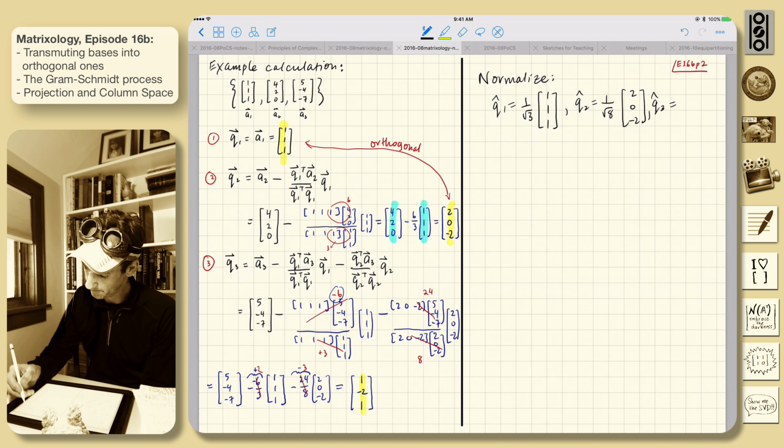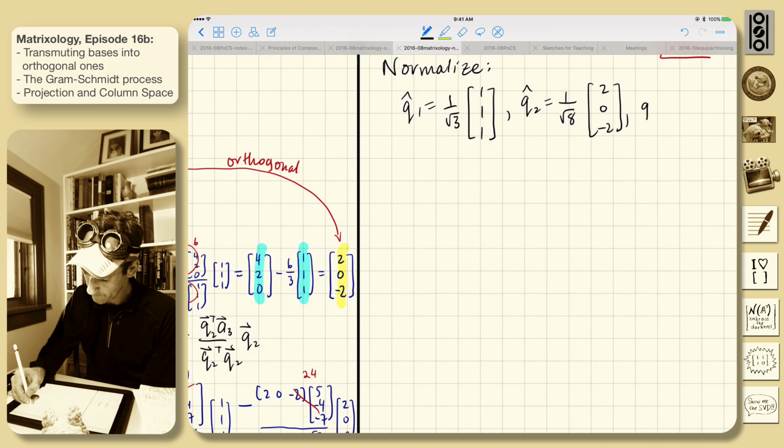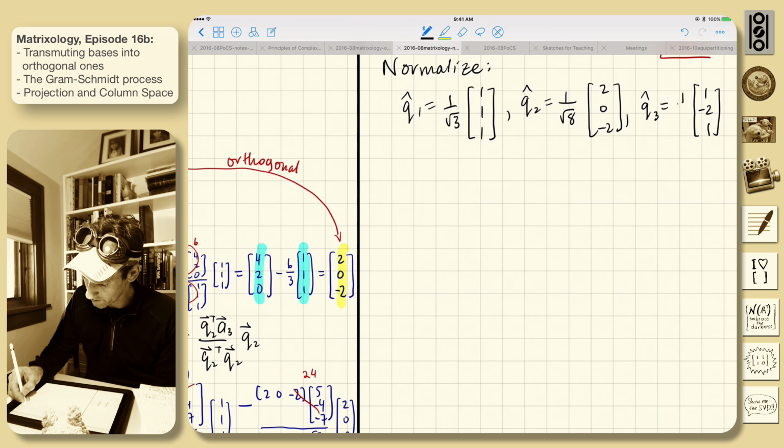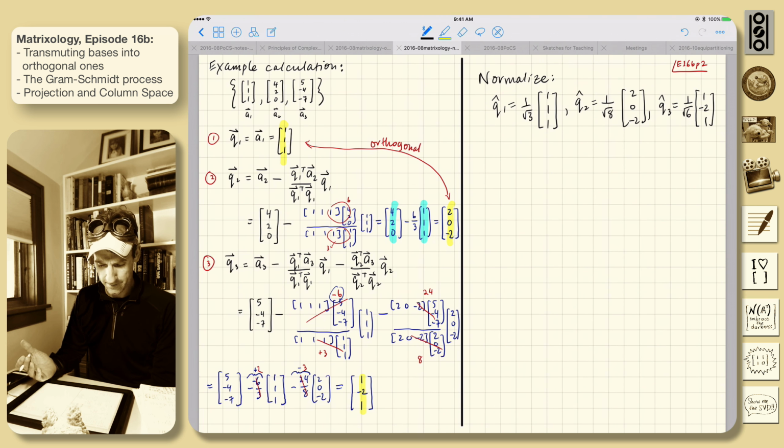And then the last one is here, so this is Q3. And that was a 1 minus 2, 1. So 1 squared plus 2 squared plus 1 squared, so it's 1 over root 6. Okay, good.